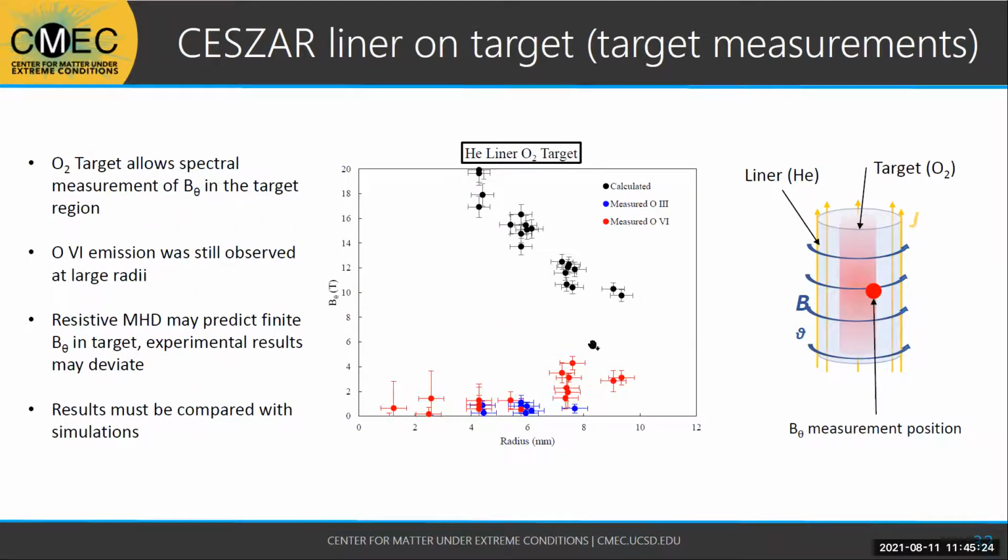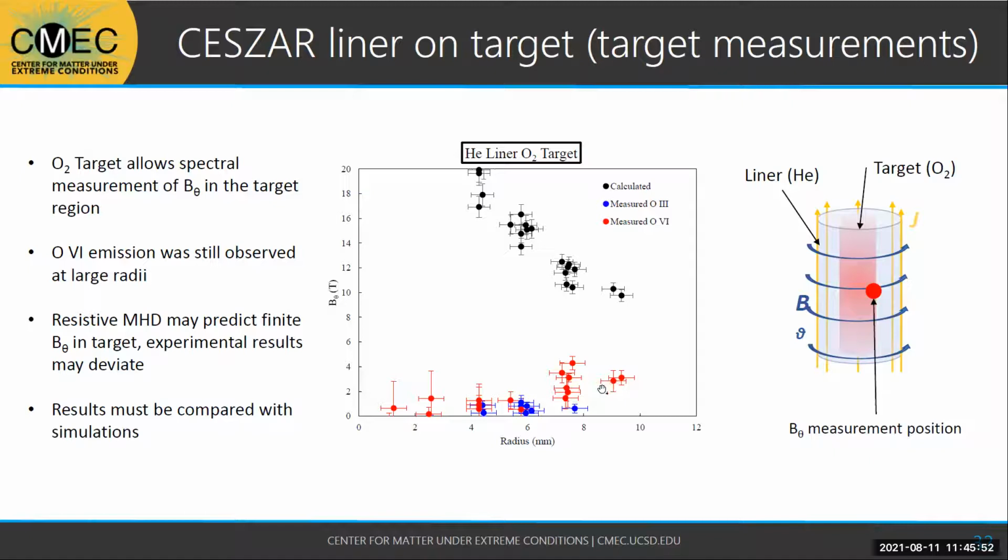So next, looking at data that we collected from the target region. Again, this is the same thing, and you might be thinking it doesn't really make sense to compare with Ampere's law if you're looking at the target region, but we found that in a lot of cases, especially this data collected out here, the oxygen 6 was actually observed at a larger radius.